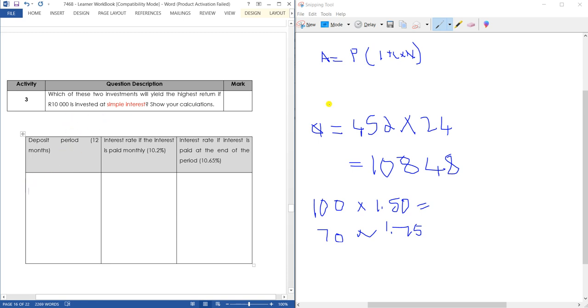Using your interest formula, we have the initial value which is invested, and also we have the period of 12 months. So in these two columns, that's where you have to answer.